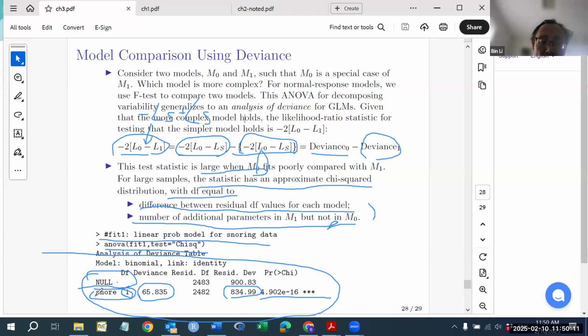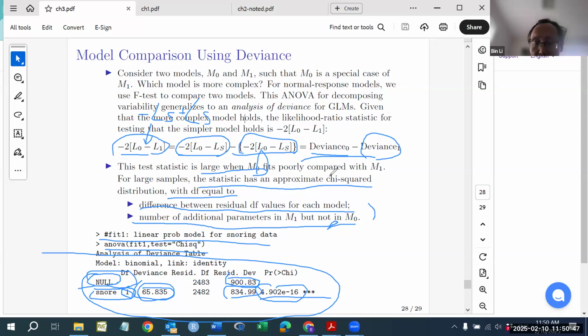and the second model with the snoring information. You can see the p-value is highly significant. There's a big difference. And the deviance is 65. And this 65 is the difference between these two models. So the deviance for the null model is what? The deviance for the null model is 900, and this one is 834.